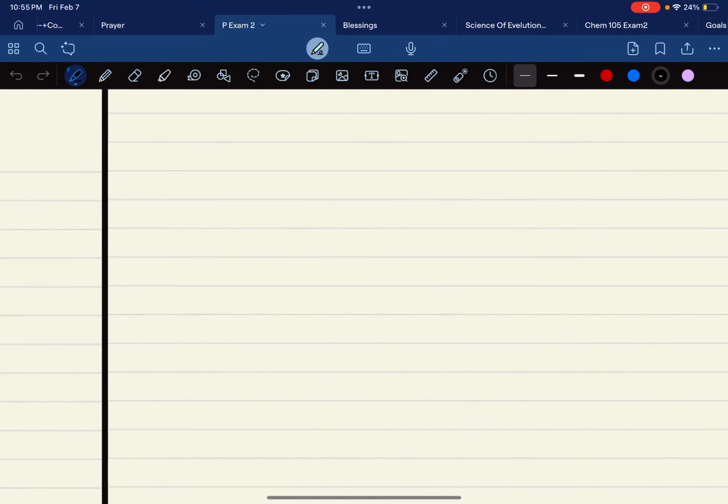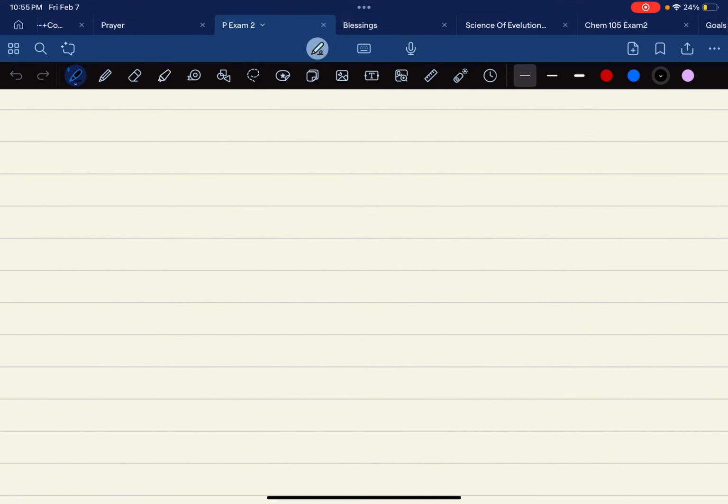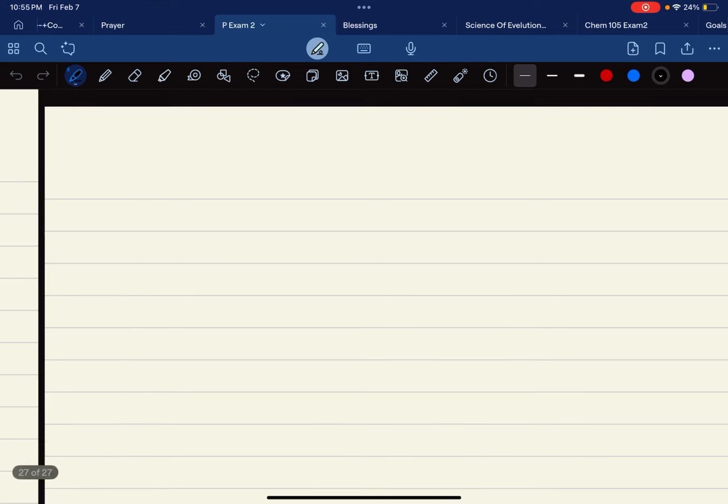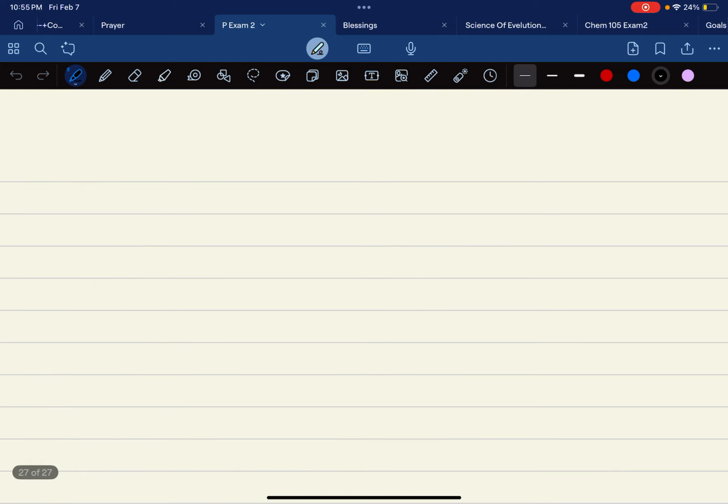Okay, so the skeletal muscle contraction, or the sarcomere, has two filaments. First is the actin filament.